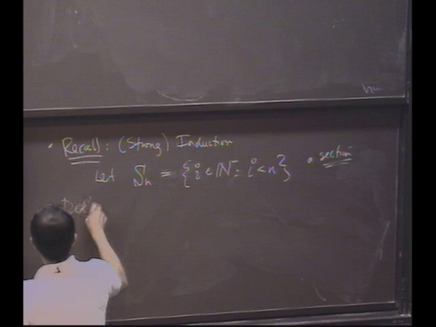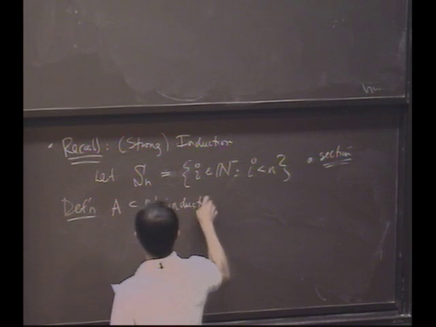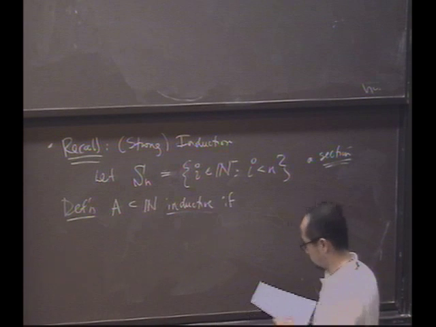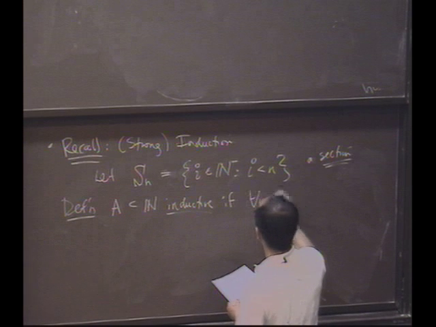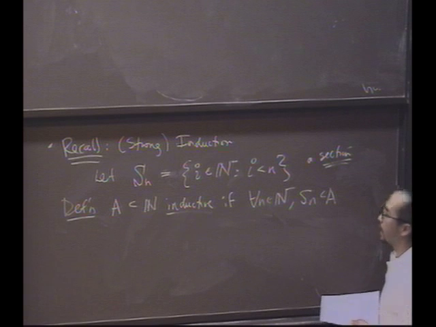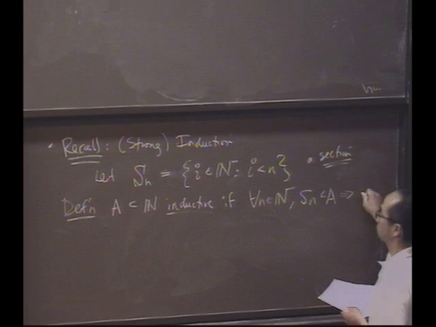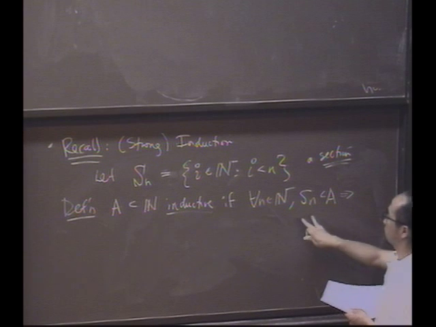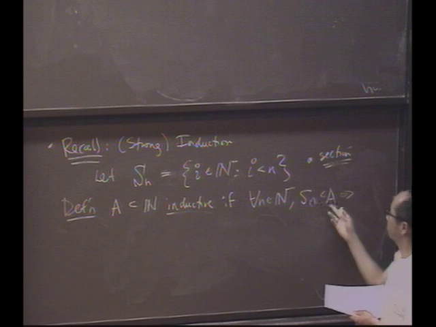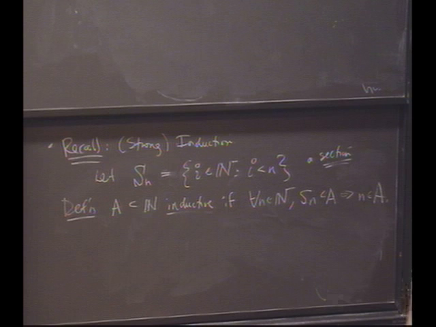And our definition was that A in the natural numbers is inductive if, for all n in the natural numbers, if the section S sub n is in A, then what do we conclude about the set A? We call a set inductive if everything previous being in A means n is also in A. That's what it means for a set to be inductive.